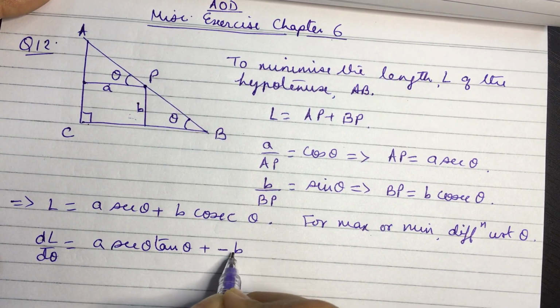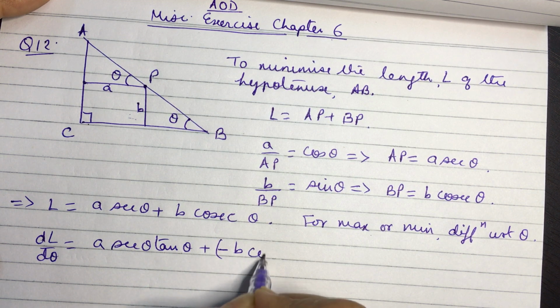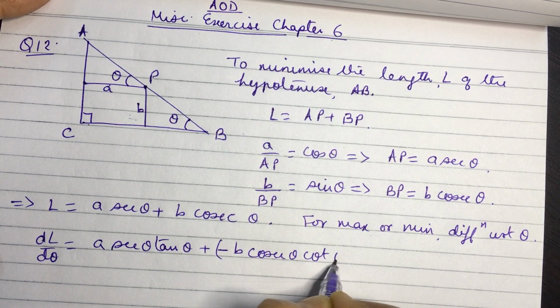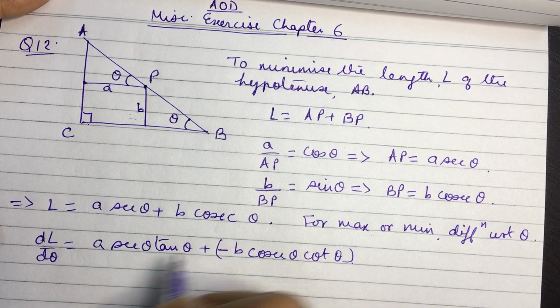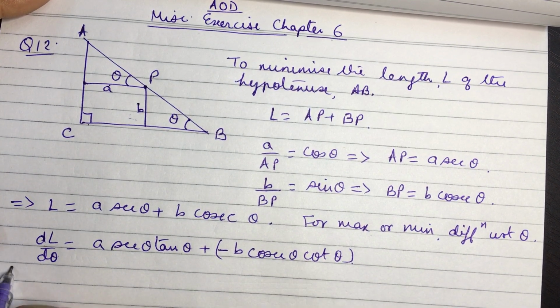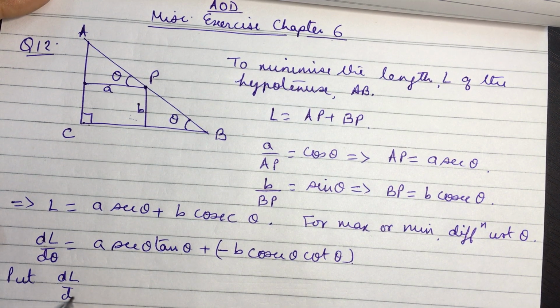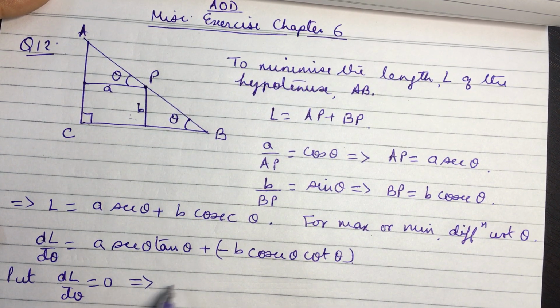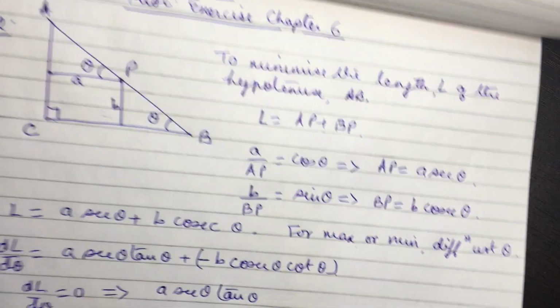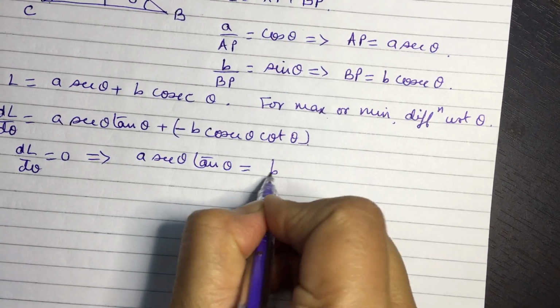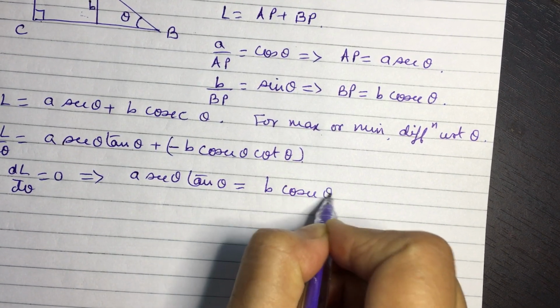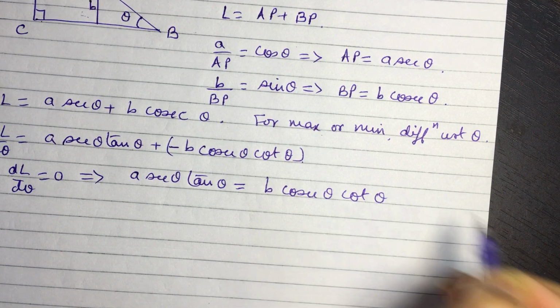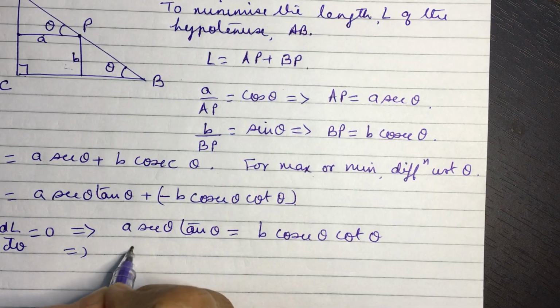So, I get minus B cosec theta cot theta. Now, for maxima or minima, we put dL by d theta equal to 0, which gives us A sec theta tan theta equal to B cosec theta cot theta.